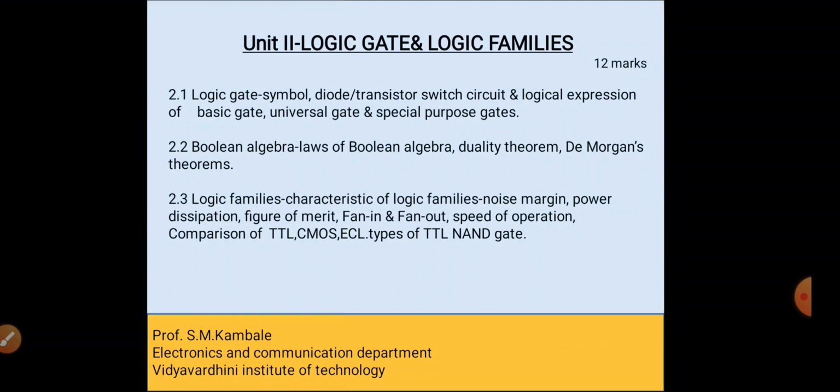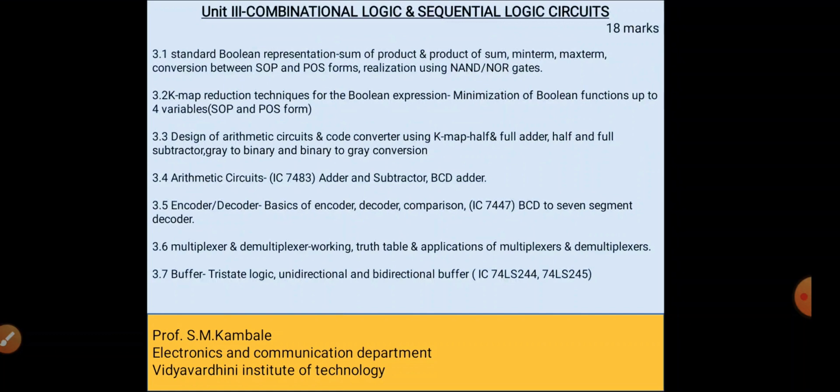Also there is a comparison of various logic families, that is TTL, transistor transistor logic, CMOS, complementary metal oxide semiconductor, and ECL, emitter coupled logic. Also there are types of TTL NAND gate. This is all about unit number 2, logic gates and logic families.